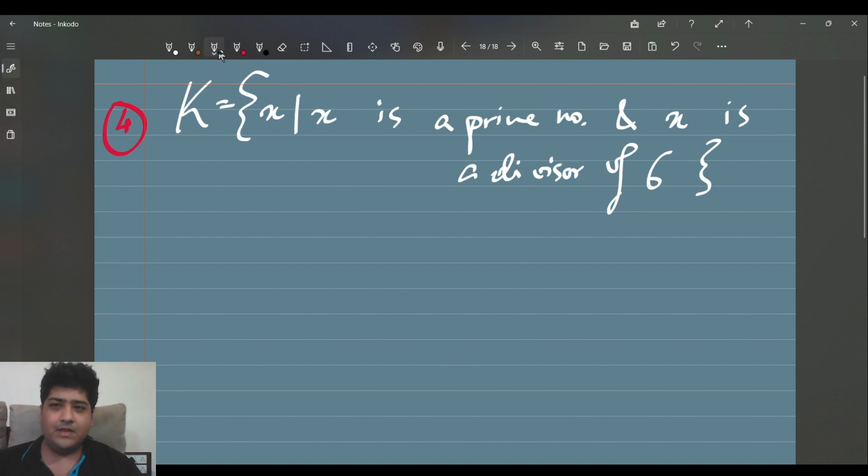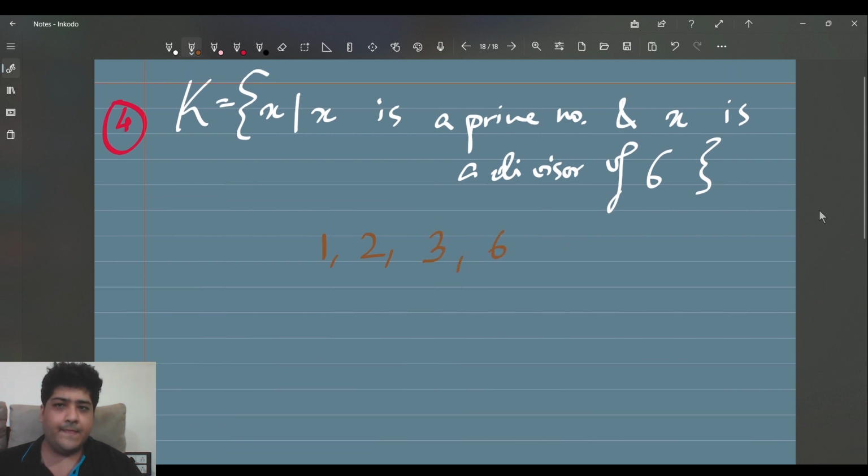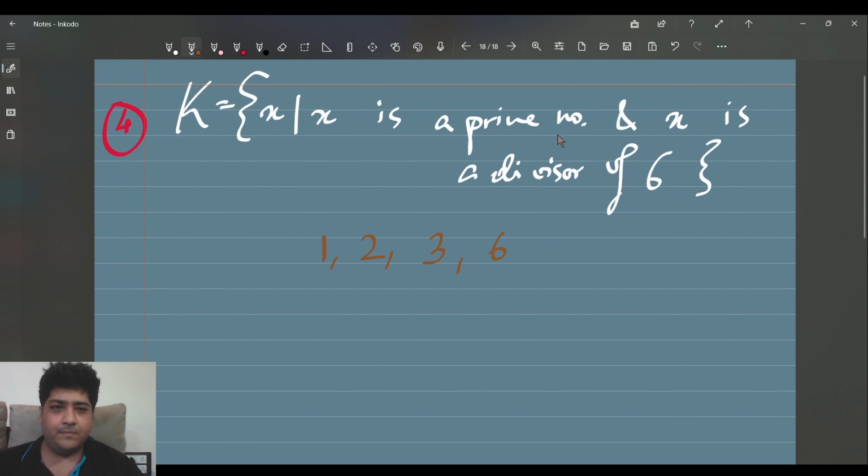So we will first list the divisors of 6. 1 is a divisor of 6, 2 is a divisor of 6, that is a factor of 6. So 3 is a factor of 6 and 6 itself. But x has to be prime also, because that's the second property. Hence our set K would contain just 2 and 3, because 1 and 6 are not prime numbers.